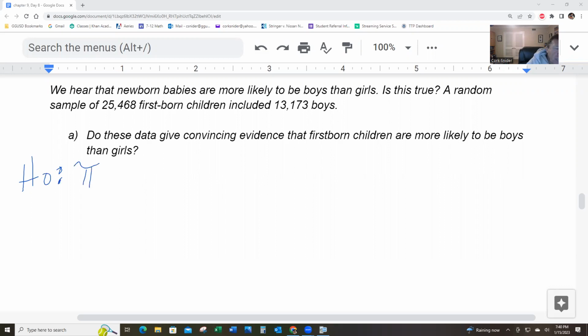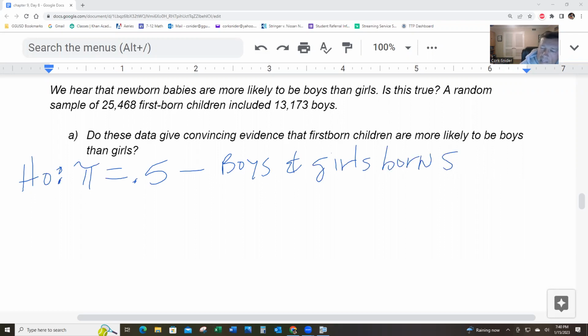You could use P is equal to 50%. Because we're thinking it's supposed to be 50-50. Okay, so I'm just going to put boys and girls born same rate.